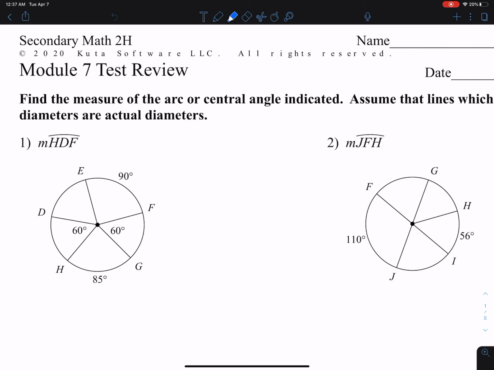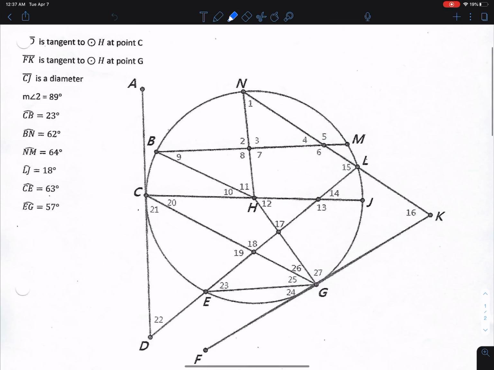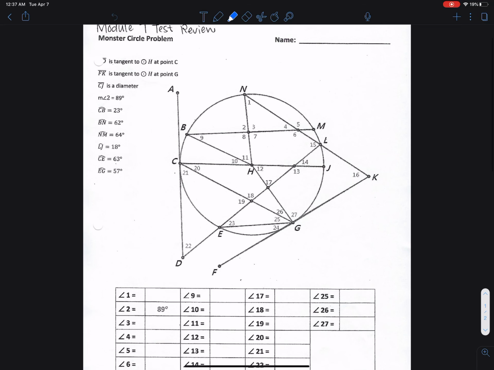So the first part of the test review is about angles. I was going to have a more complicated test review and test for the angle part, but I decided to make it a lot simpler, just testing you on little things. I was going to have you find all of the angles in a circle, and it's pretty cool.